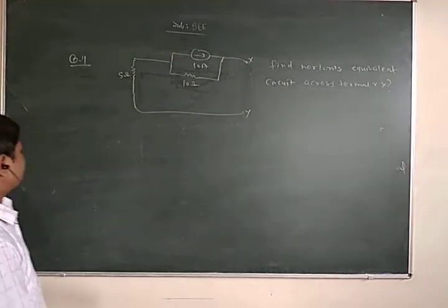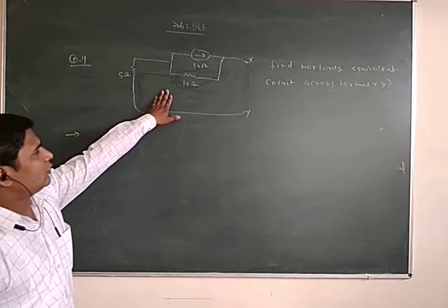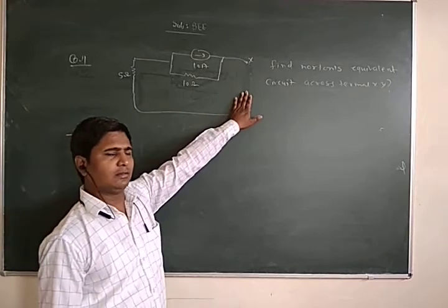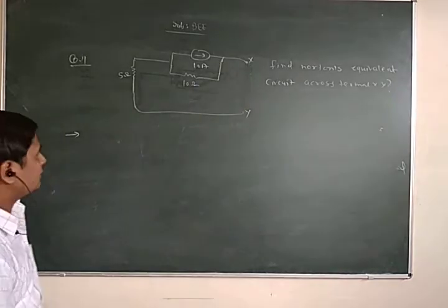First of all, we have to find the value of Norton's current. To find it, we short the XY terminals.